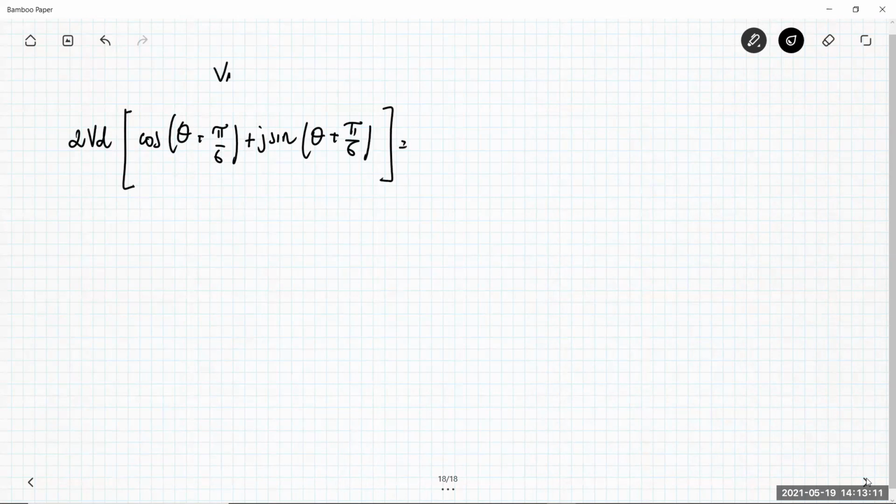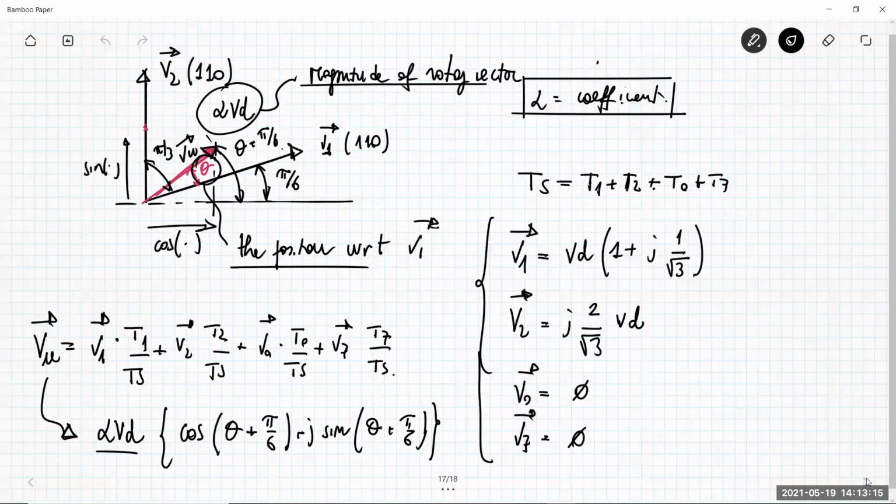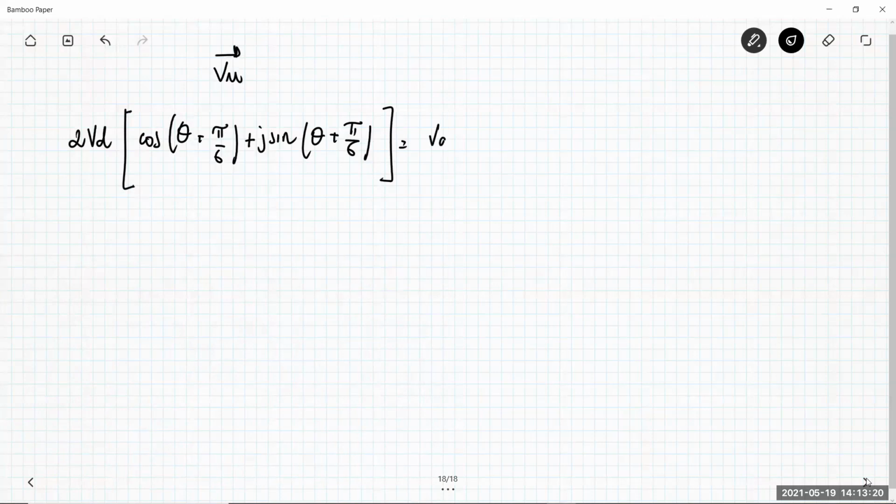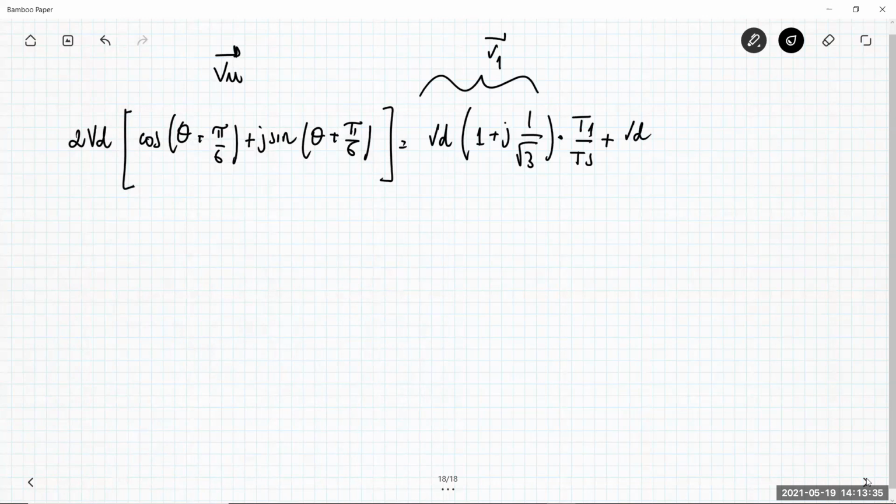This is VU, and this is equal to V1, but V1 is this, so Vd times 1 plus j 1 over square root of 3, multiplied by T1 over Ts, plus V2, which is Vd 2 over square root of 3 j, T2 over Ts.